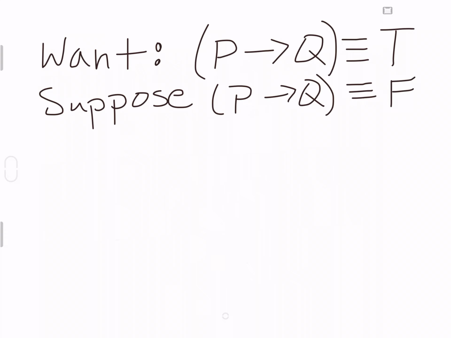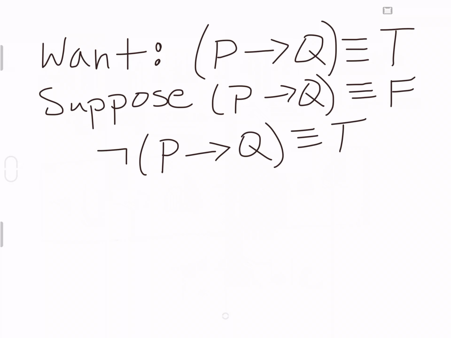Now, because all mathematical statements are true or false, if P implies Q is false, that means that the negation of P implies Q must be true.